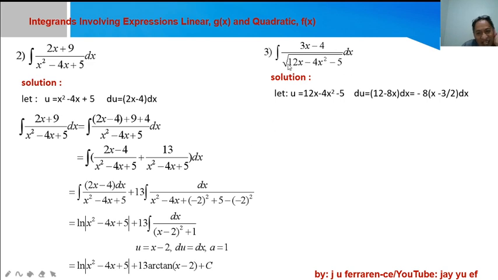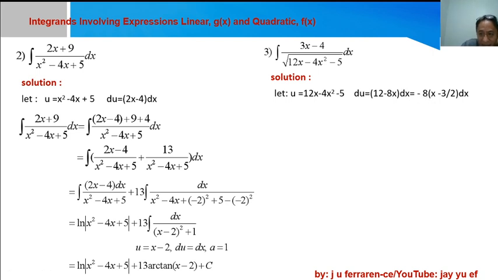Okay. So, I have to call this entirely as our u because there is a linear expression involved, no? So, what is my du? That is 12 minus 8x dx, correct? Now, if I'm going to remove my 8 so that I can start with x here, divide every term by minus 8, so I can start with x.